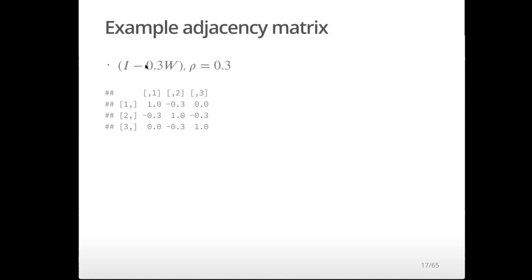And so values of rho that are positive are going to correspond to negatively correlated neighboring cells.